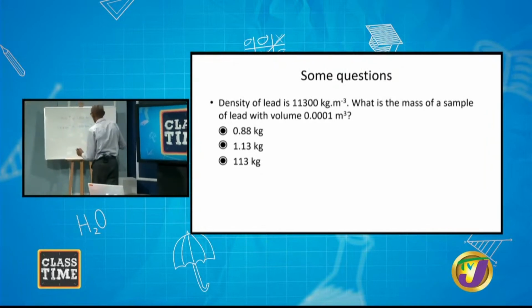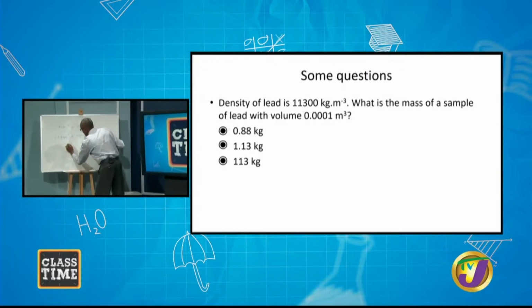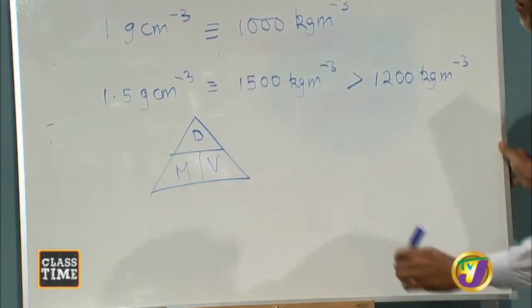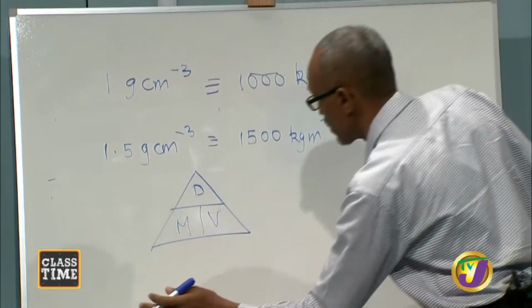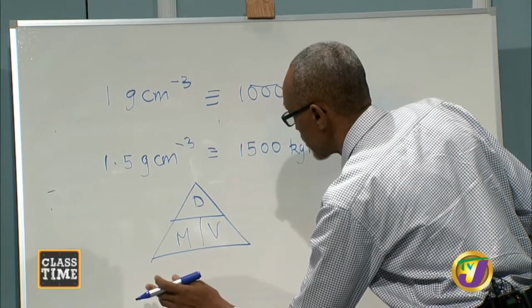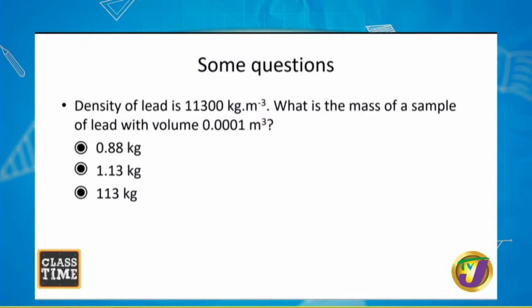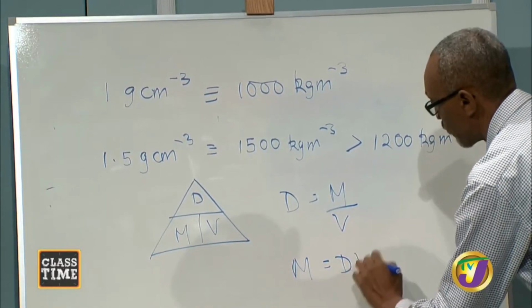Now, what we have is density. We know that density is equal to mass over volume. And so if we want to find mass, mass is equal to density times volume.